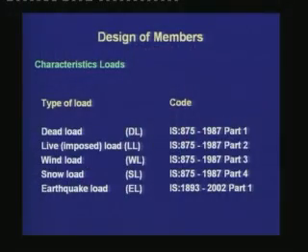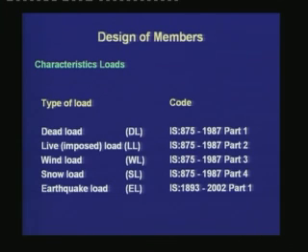Next, we can calculate the wind load, which is represented as WL, from IS 875 part 3. We can calculate snow load, which is represented as SL, from IS 875 part 4.